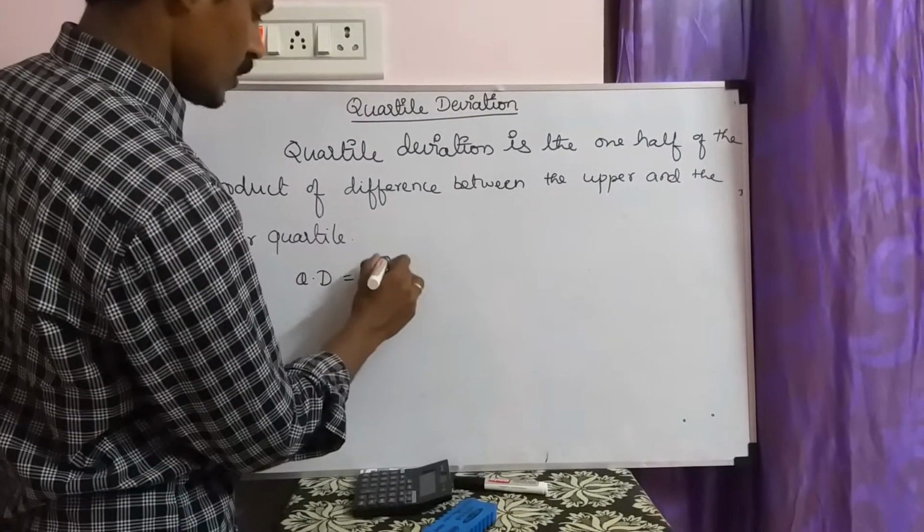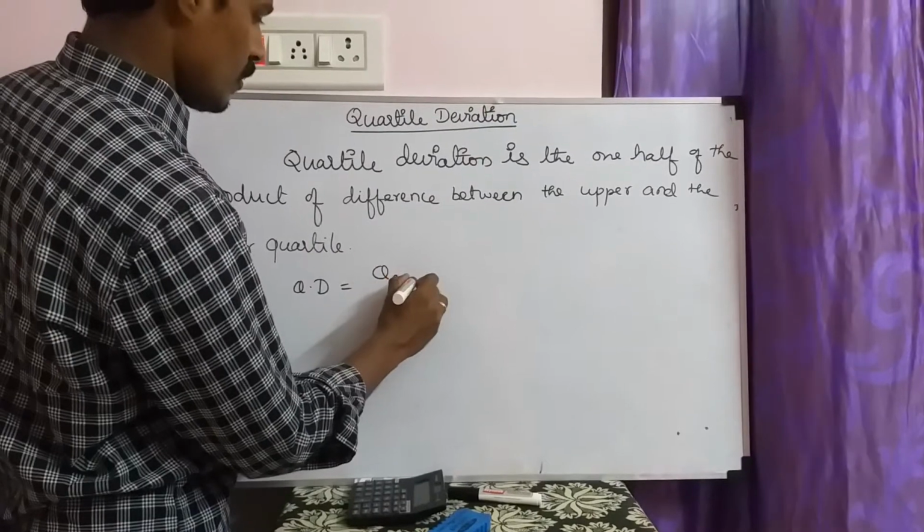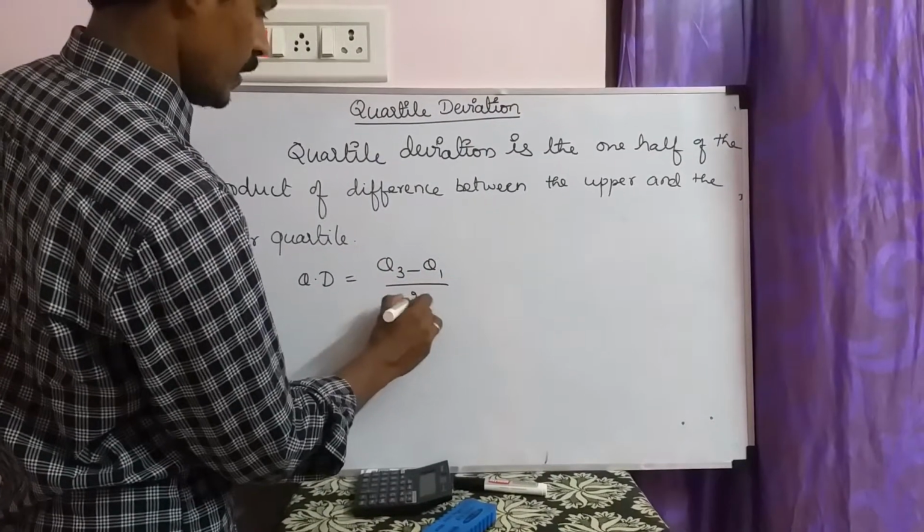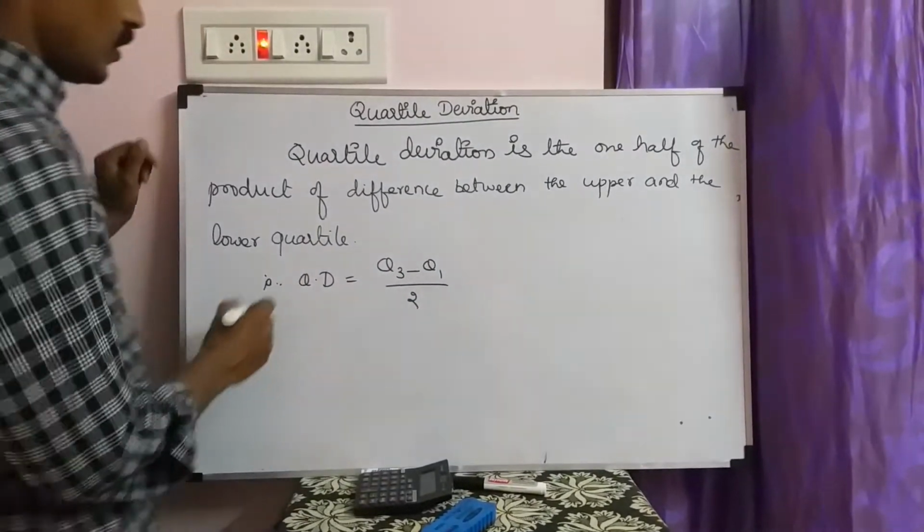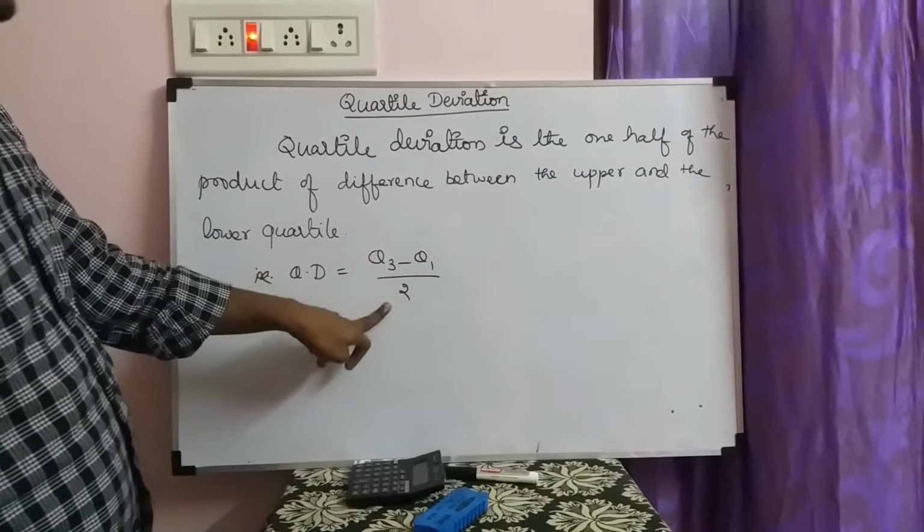QD is nothing but Q3 minus Q1 divided by 2.